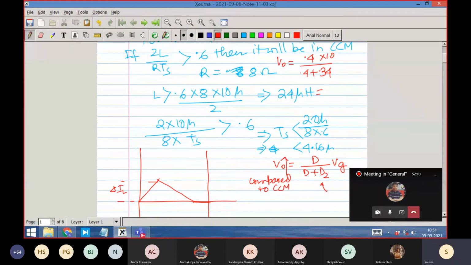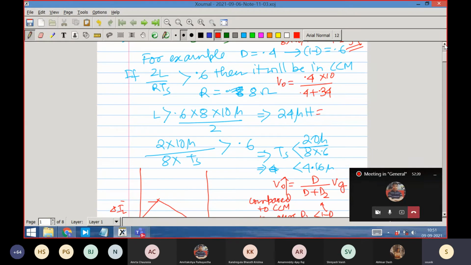So V0 is increasing compared to CCM, because D2 is less than 1 minus D. Because of that, it is increasing. So here how much is it? 0.4 into 10 divided by 0.4 plus 0.34.